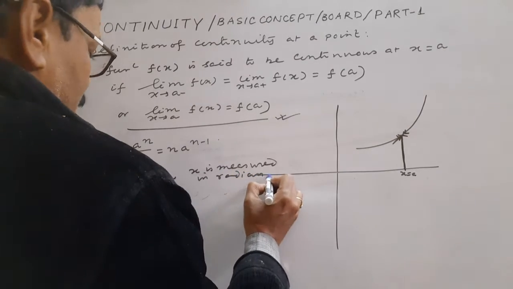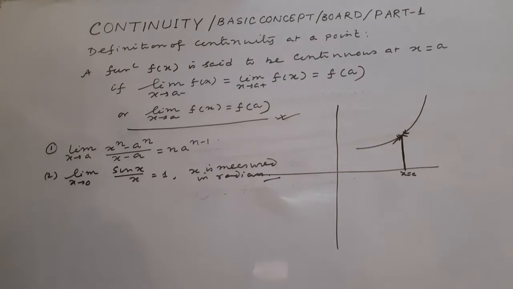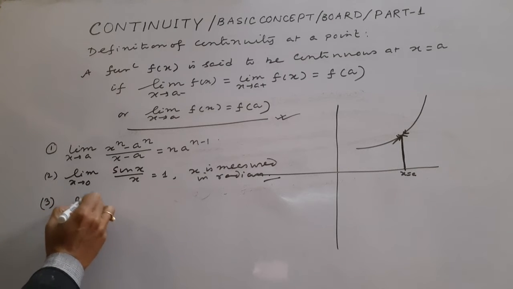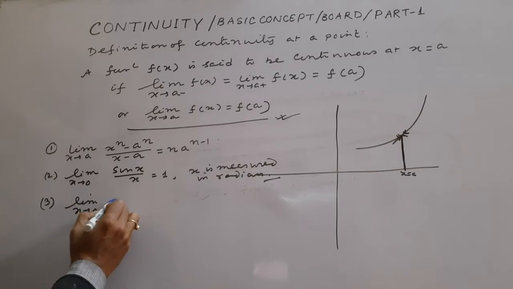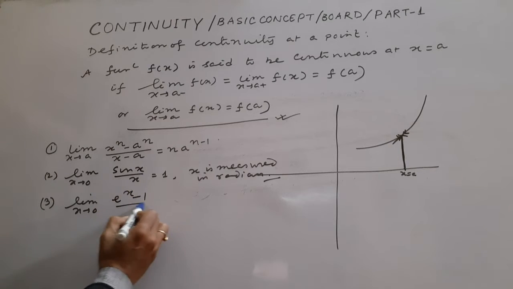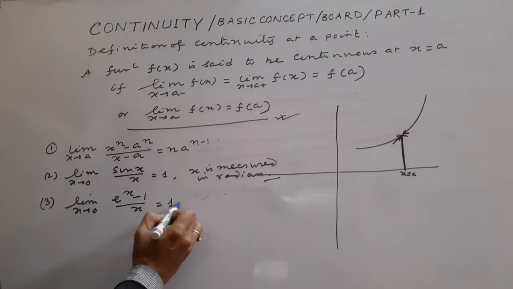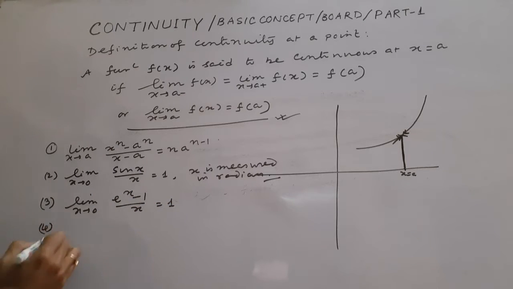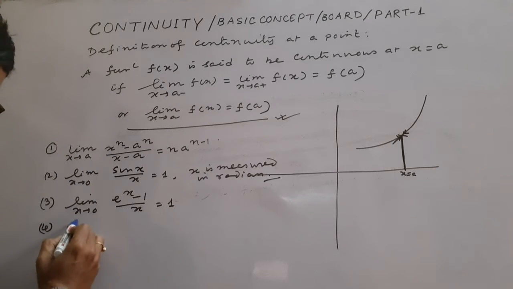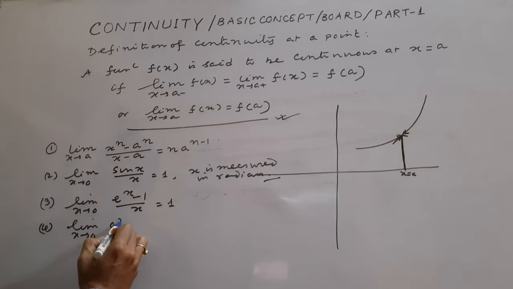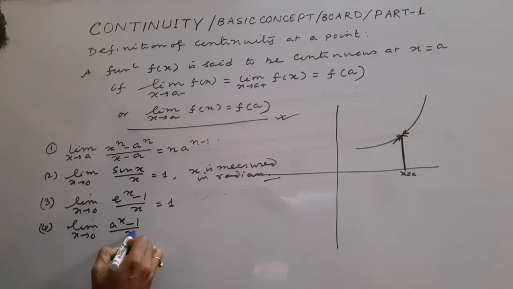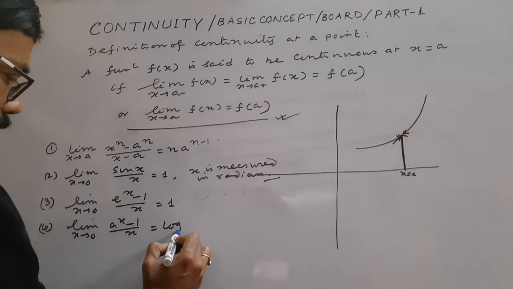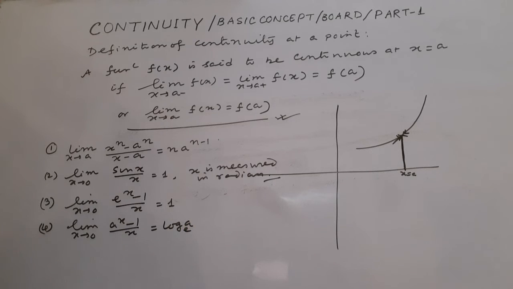If it is in degree, then you have to change it to radian. Number 3, limit x tends to 0, e to the power x minus 1 by x equals 1. Number 4, limit x tends to 0, (a to the power x minus 1) by x equals log a base e.